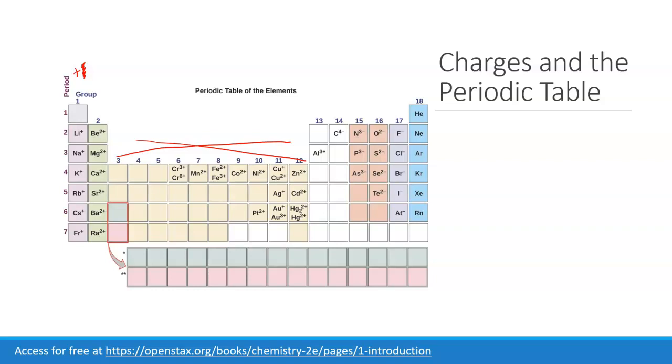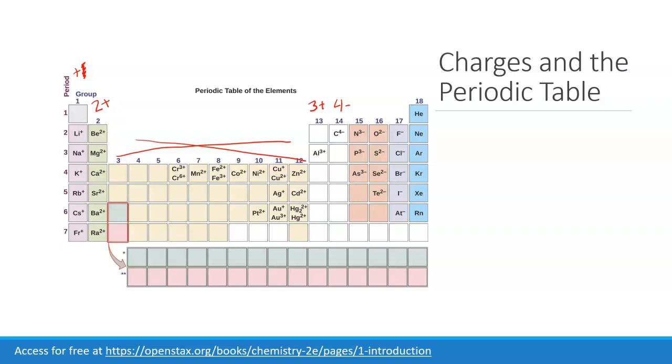Now in column 2, it's going to have a +2 charge, which we tend to write as 2+. And then skipping the transition metals and coming over to the 3A group, those will tend to have a 3+ charge. And then carbon, sometimes you'll see it as 4+ or 4-, depending on the periodic table that you look at. But here we're going to go with 4-. And again, you don't deal with that one too much in this class.